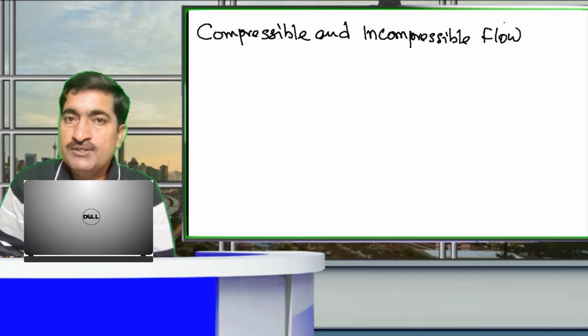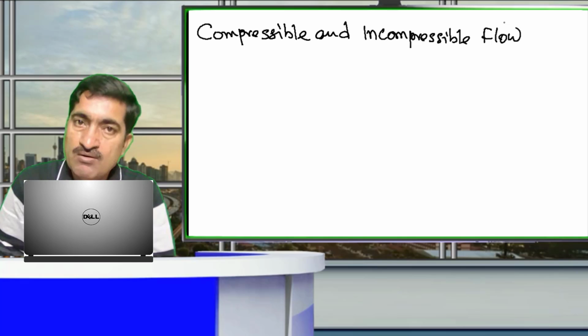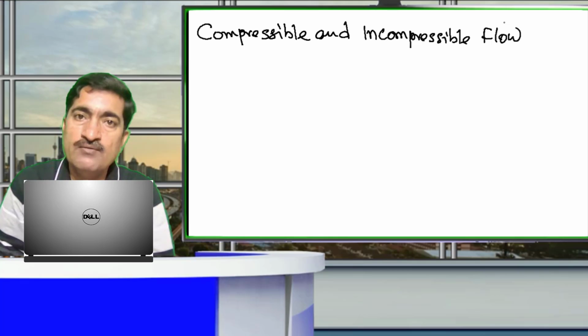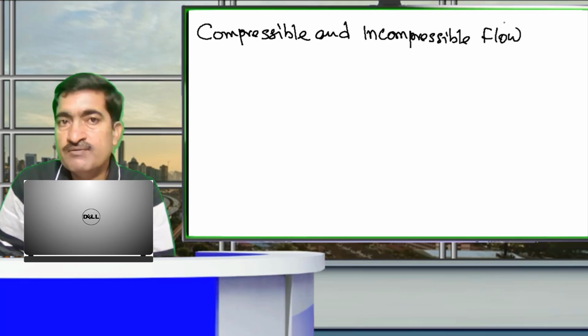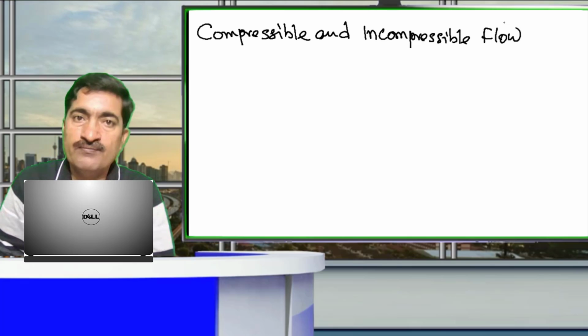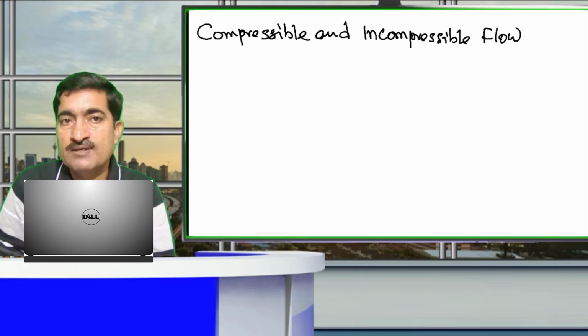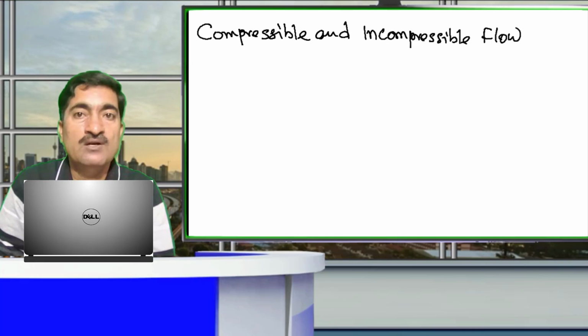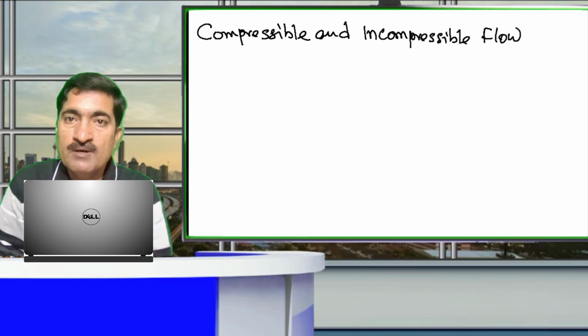If the density of the flowing fluid is the same all over the flow field at all times, then such flow is called incompressible flow. Flow of liquids can be considered as incompressible even if the density varies a little due to the temperature difference between locations. If the density varies with location, the flow is called compressible flow.